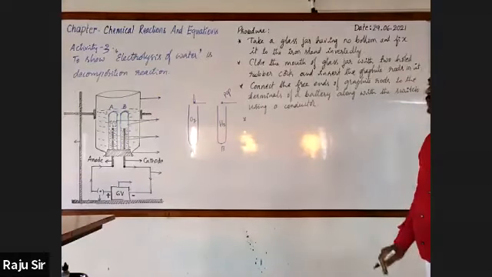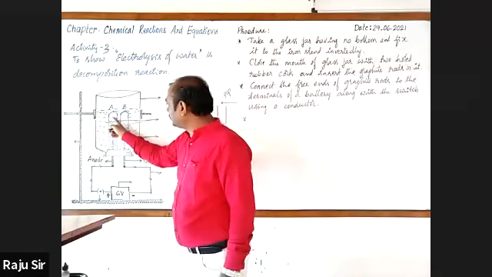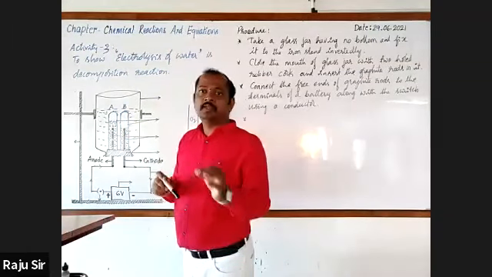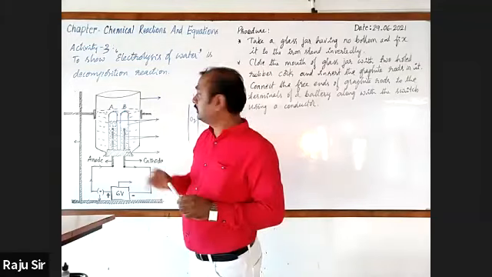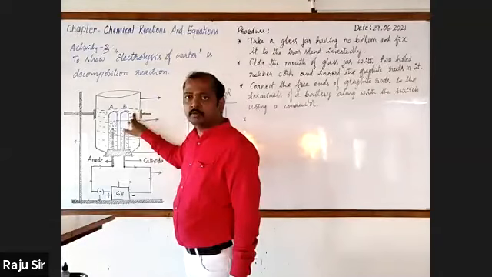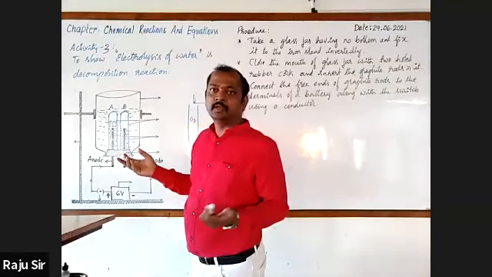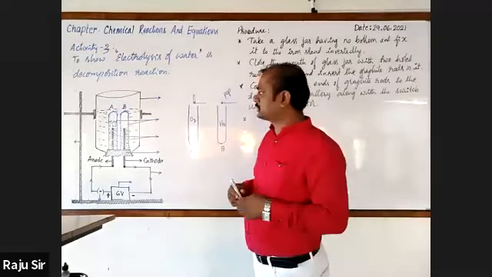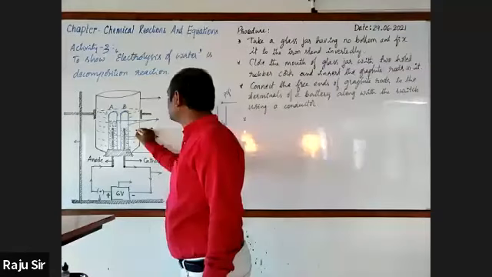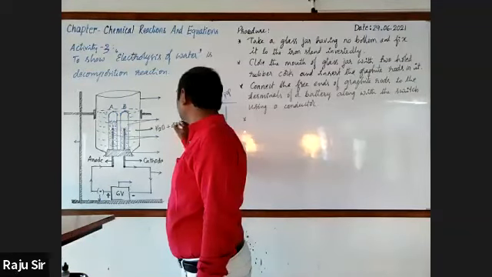Next, another point. We have to fill 3/4 of the glass jar with water. And to make it more conducting, you can go for adding dilute HCl or dilute H2SO4 also. It is H2O plus dilute HCl.